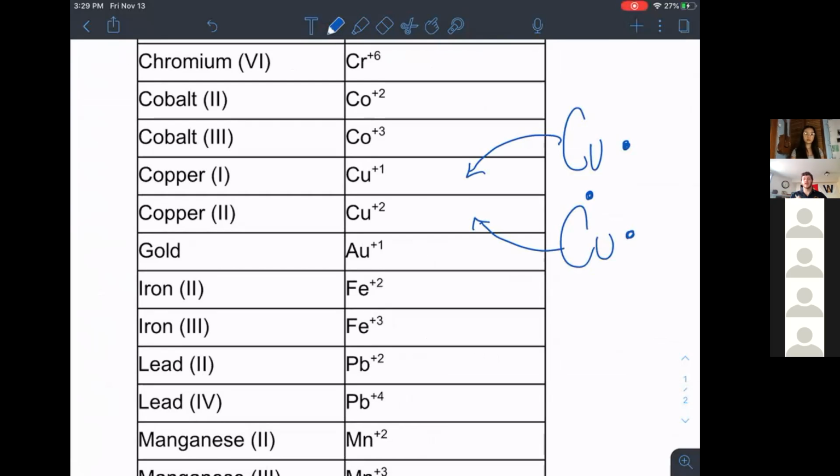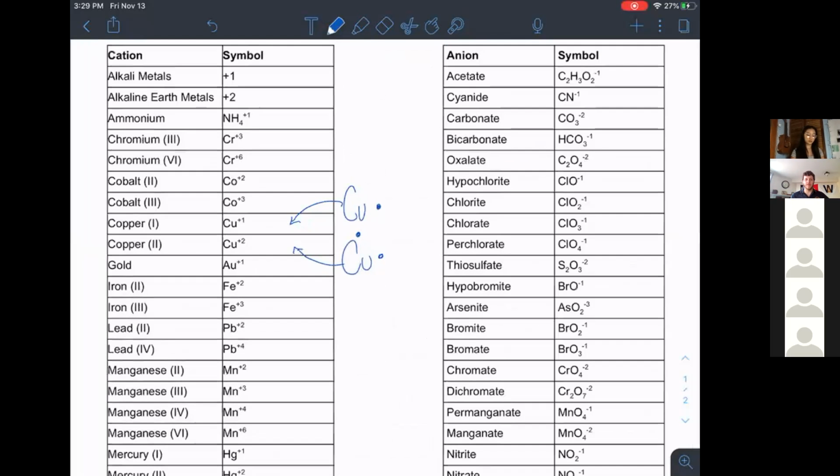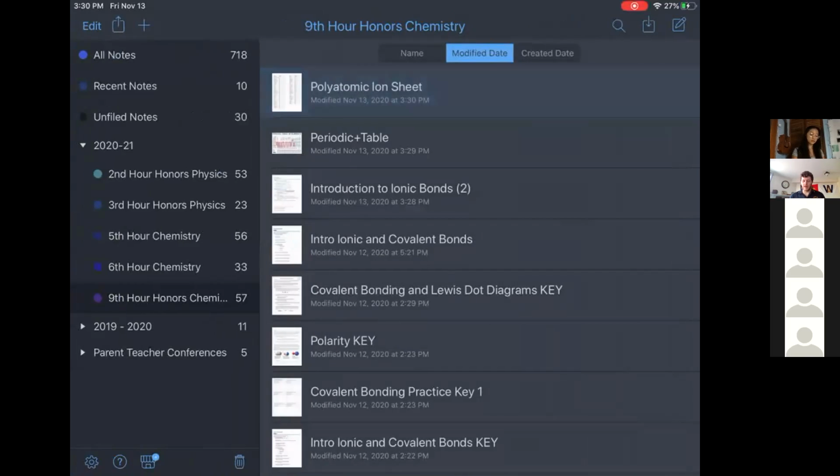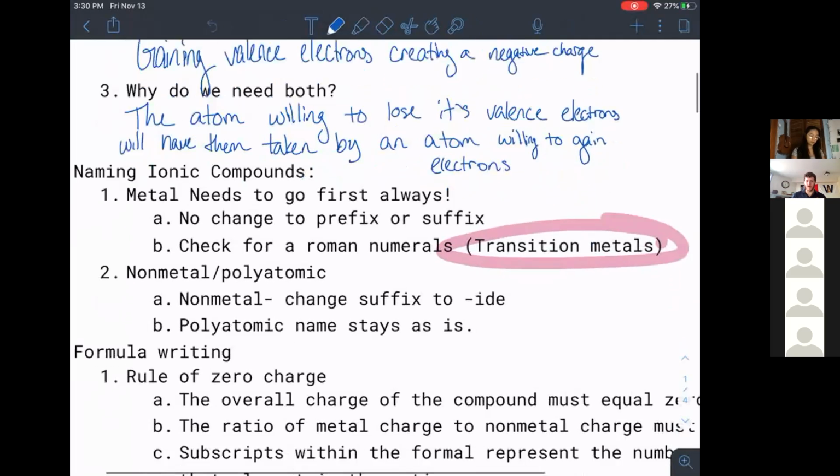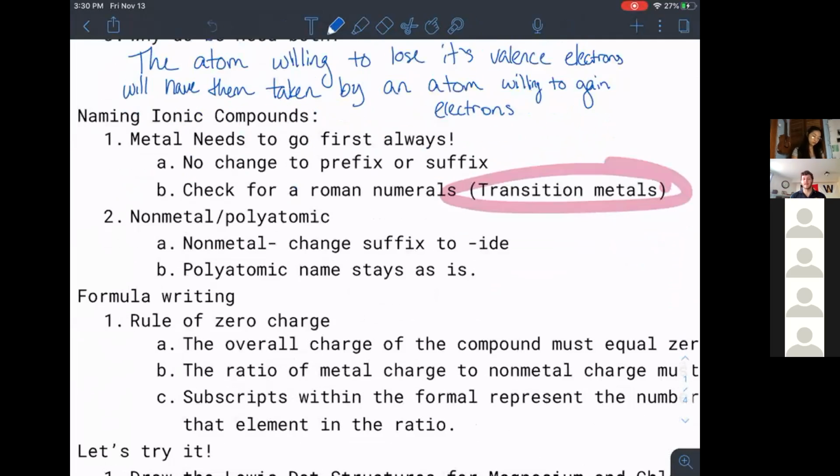So anytime you're looking at a transition metal, you have to check this table to make sure it doesn't show up here. If it shows up on the table, you have to identify with Roman numerals in the name how many valence electrons it's willing to lose. So that's why it says here, we have to check for Roman numerals with our transition metals.